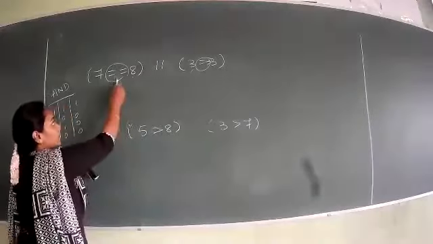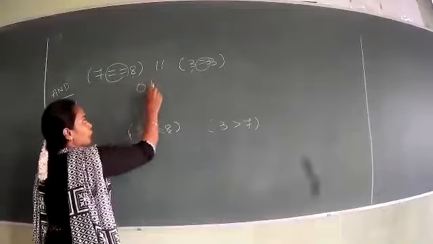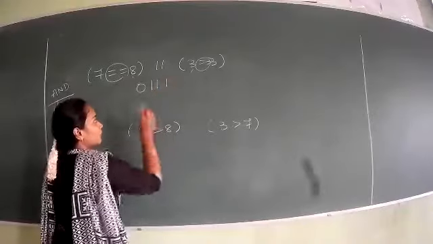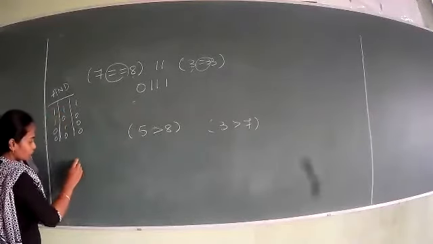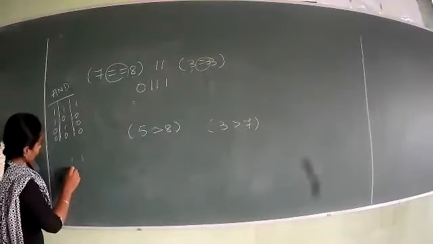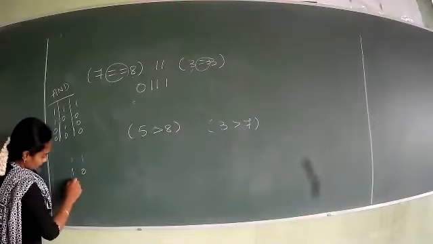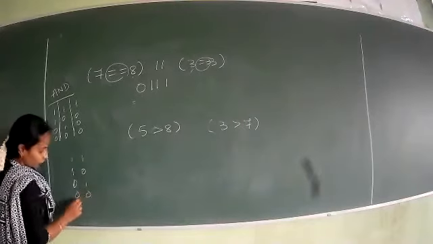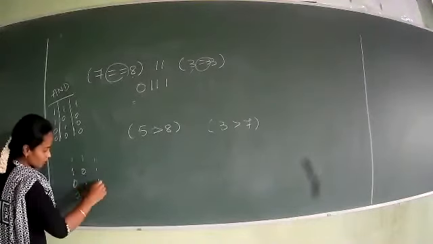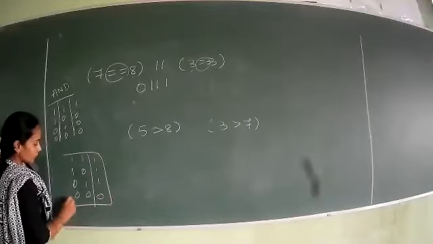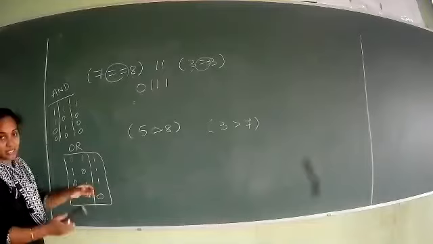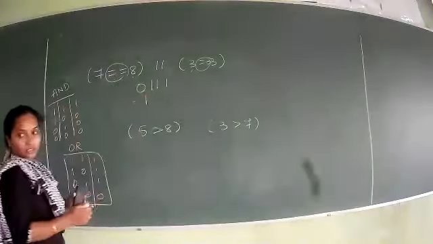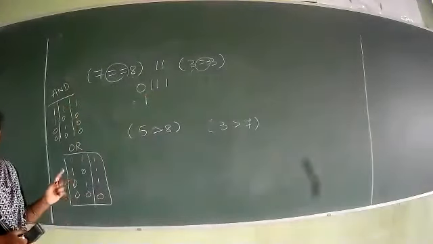The same thing, 7 is equal to 8 is false, or 3 is equal to 3 is true. So what is the answer in the OR? If both are false, it is false, otherwise it is true. It is the OR table. So 0 OR 1 means the answer is 1, that is true. This is for the OR condition.